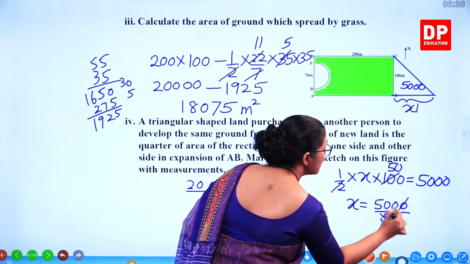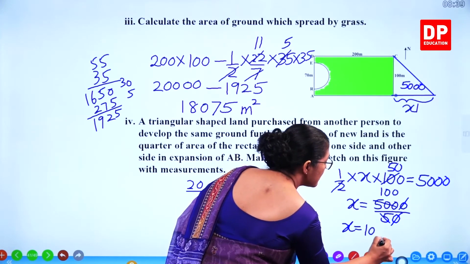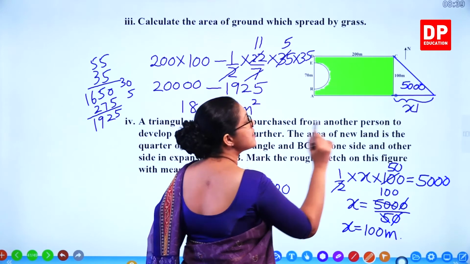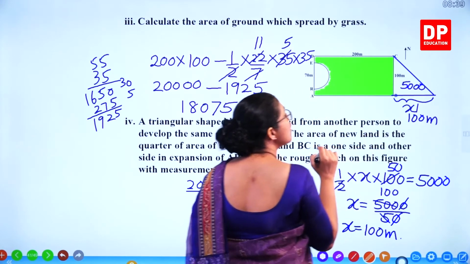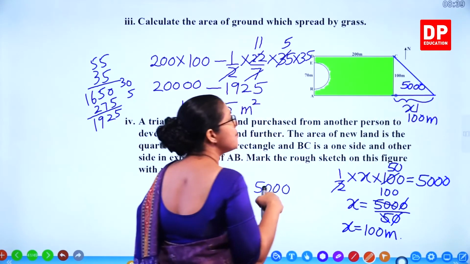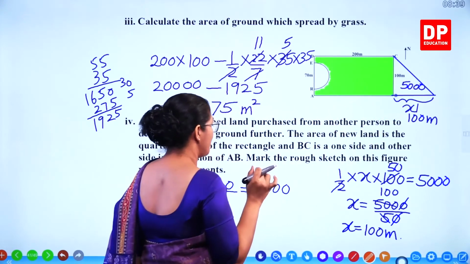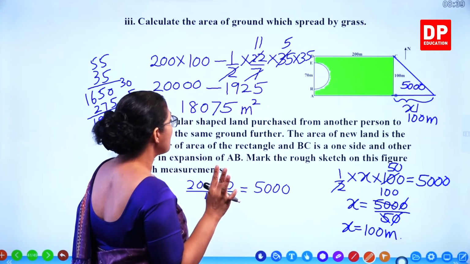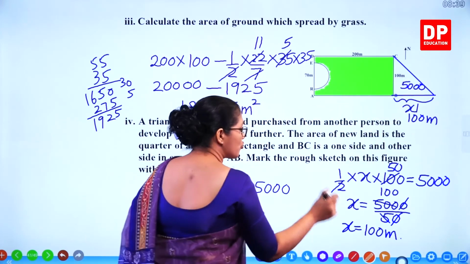You get 100. So that means this is in meters, 100 meters. So this triangular shaped land is 100 meters here and 100 meters on this side as well. So that's the rough sketch of the measurements for the extra land.